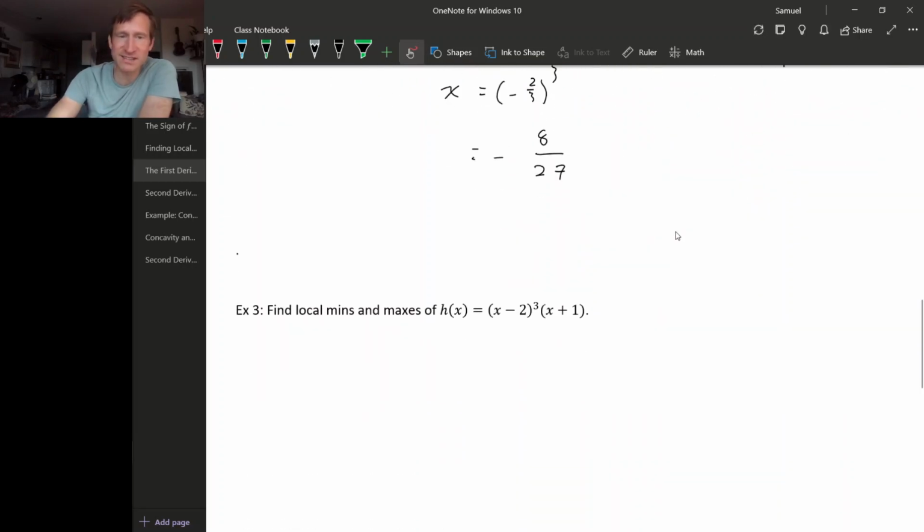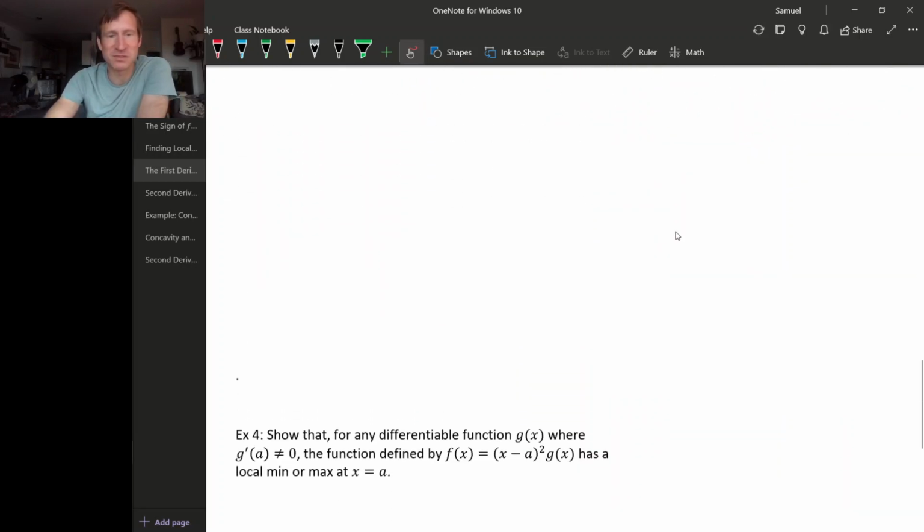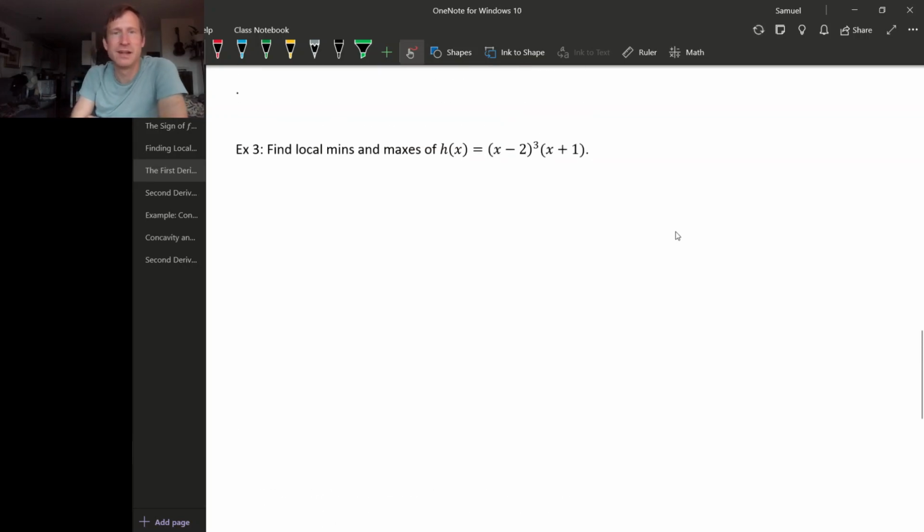All right, for our next example, let's find all the local minimums and maximums for this one. So we'll take a derivative. I kind of want to avoid multiplying this out just because I think it would be messy. So let's use the product rule.